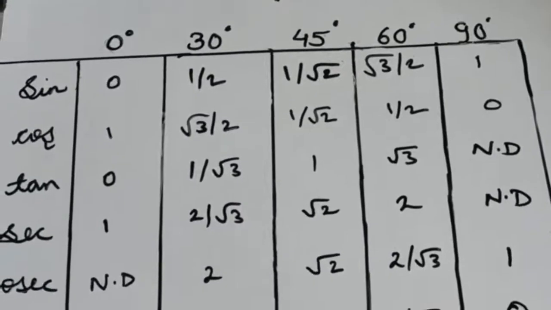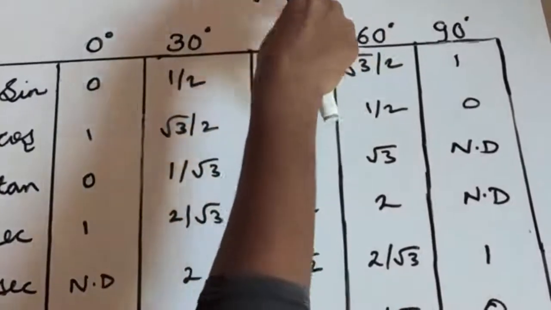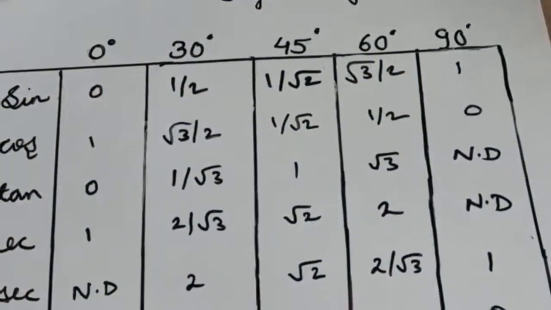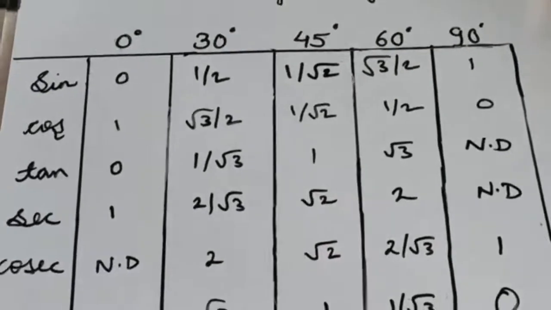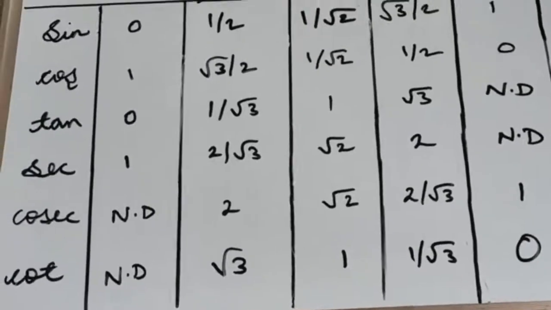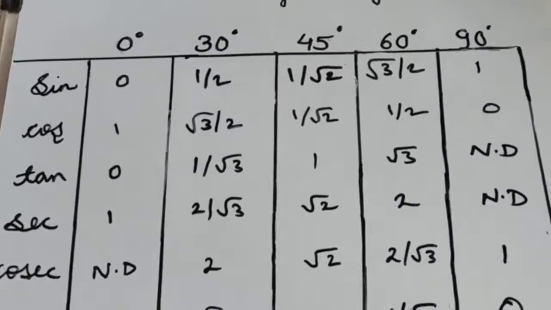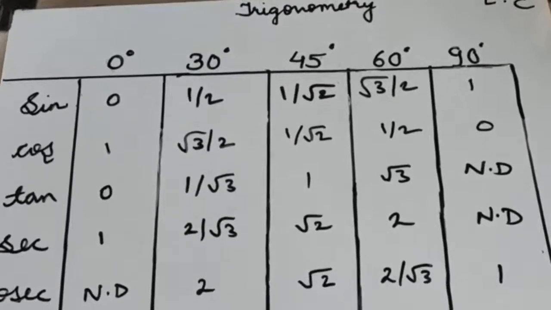But before that, an important bit which I need to teach you today is this table. This table is nothing but the values of our trigonometric ratios, that is sine, cos, tan, sec, cosec and cot, at some angles, that is at 0 degree, 30 degree, 45 degree, 60 degree and 90 degree.